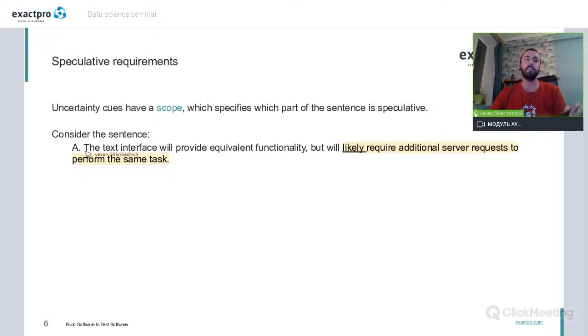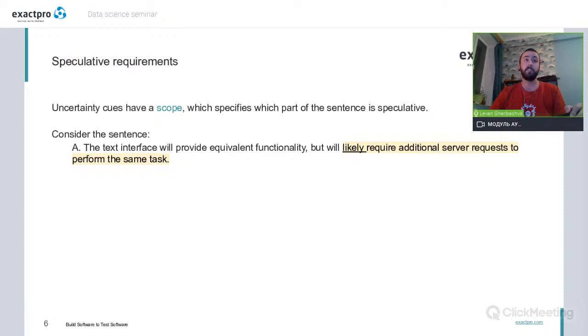For example, in this sentence, the text interface will provide equivalent functionality, but will likely require additional server requests to perform the same task. Here, only the second part is uncertain. The first part, the text interface will provide equivalent functionality, is perfectly certain. It doesn't convey any uncertainty. And the authors also devised a strategy of how to identify the scope as well. This will be the second stage of their approach.